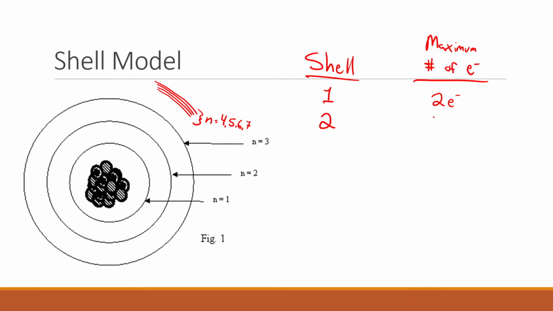Second shell can hold a total of 8 electrons. Third shell, 18. The fourth, fifth, sixth, and seventh shells, because they're all pretty much the same size, can all only hold 32.